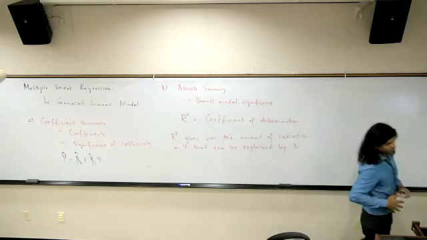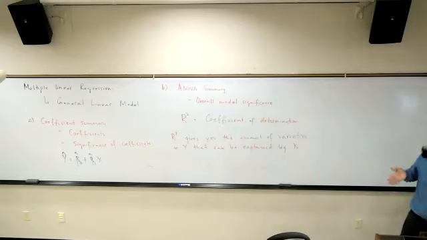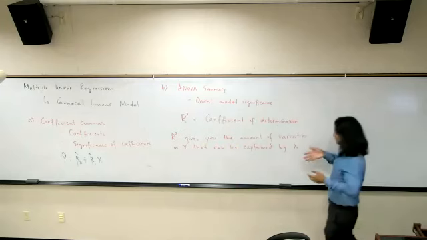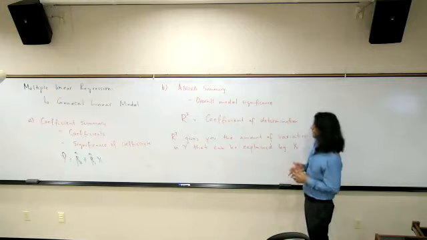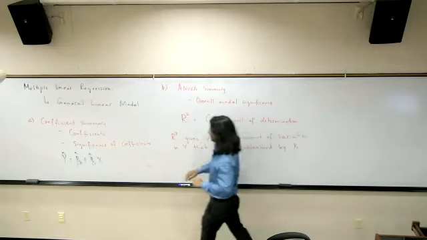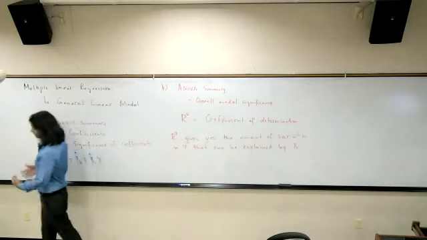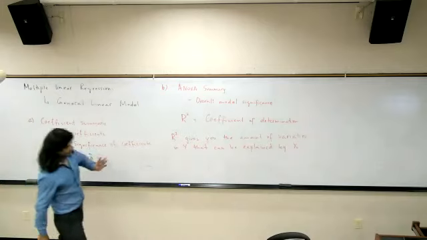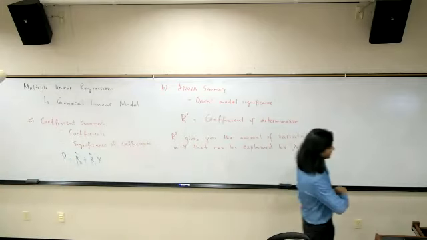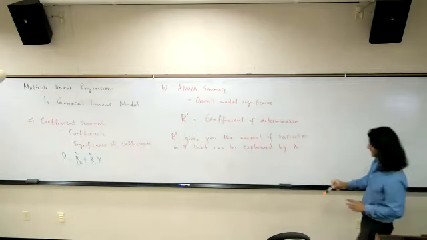The amount of variation in y that can be explained by x. In other words, how good of a job is this fitted model doing in explaining the relationship between y and x? It is a measure of model accuracy.